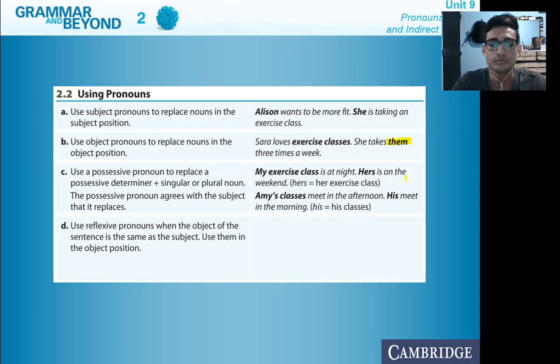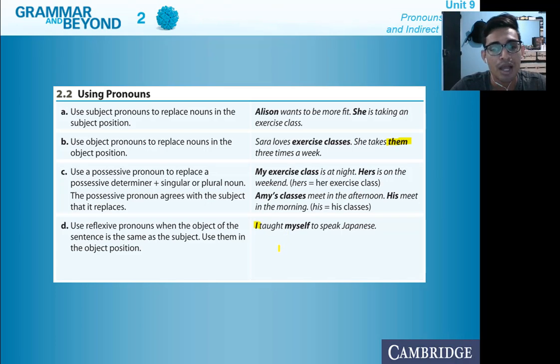Let's continue. Use reflexive pronouns when the object of the sentence is the same as the subject. Use them in the object position. Okay, let's see. When the subject, in this case, I, is the same as the object. Do you remember how we know what is the object of the sentence? Yes, asking the question what after the verb. I thought, what, or who in this case, right?